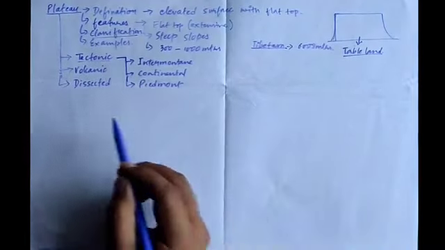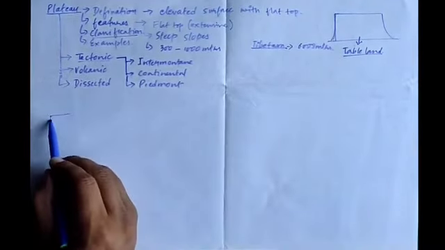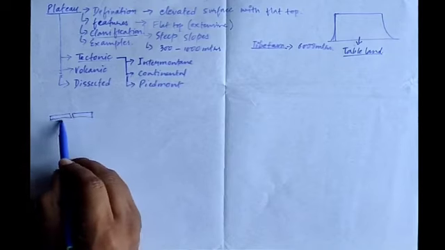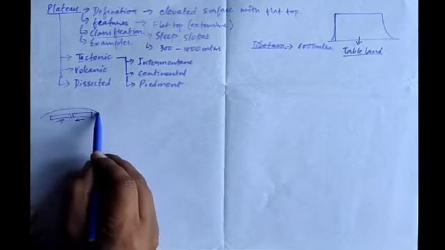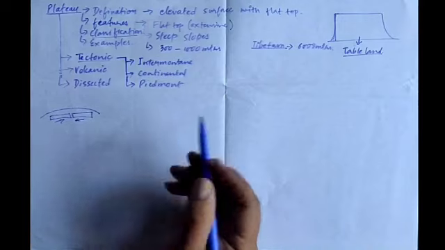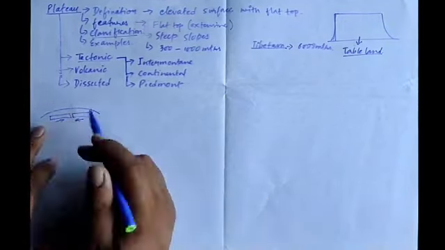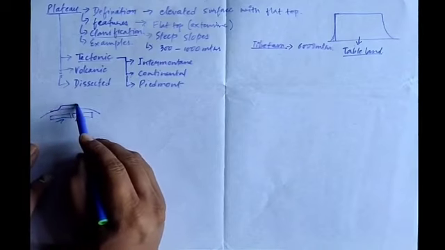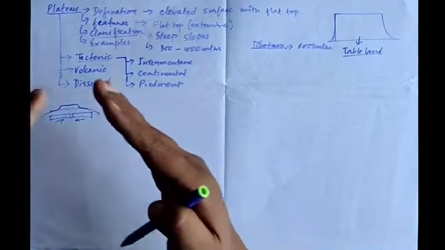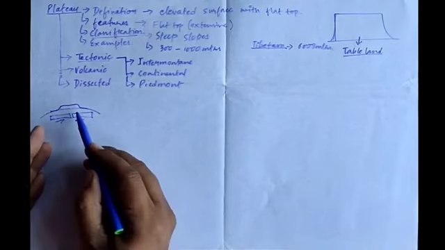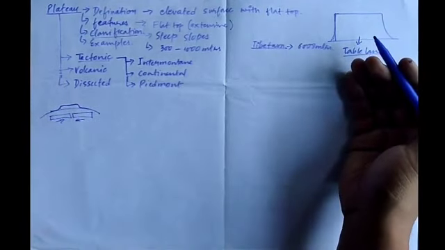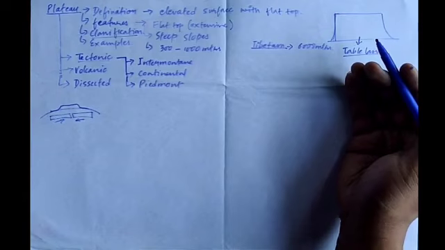Before we discuss that, let us see what tectonic plateaus are and how they are formed. The tectonic plateaus, as the name suggests, are generally formed due to the movement of the tectonic plates. When the plates converge with each other, or when there is a divergent movement of the plates, it will lead to the formation of an elevated surface, not conical in shape but with a flat top.